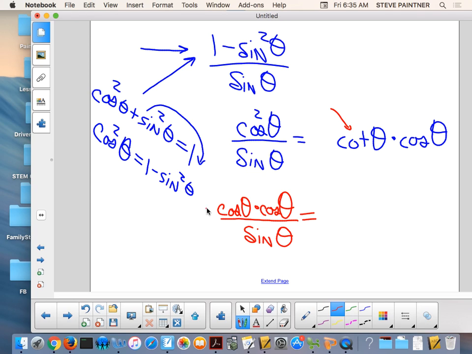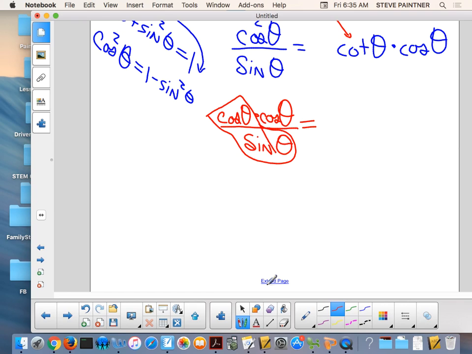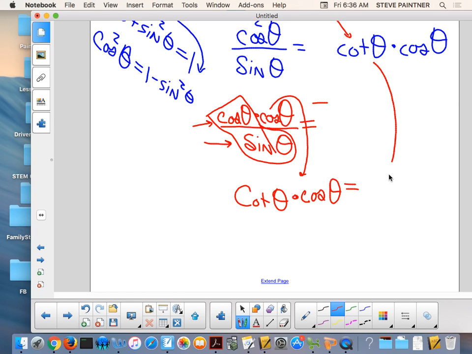And you should recognize this right here as cotangent. So cosine over sine is just cotangent of theta times, and then this cosine, it just doesn't have anything else to go under, so you got to go like this, is multiplied by cosine of theta. And that is what you were trying to prove the whole time, right there. Okay. And that is number 12.